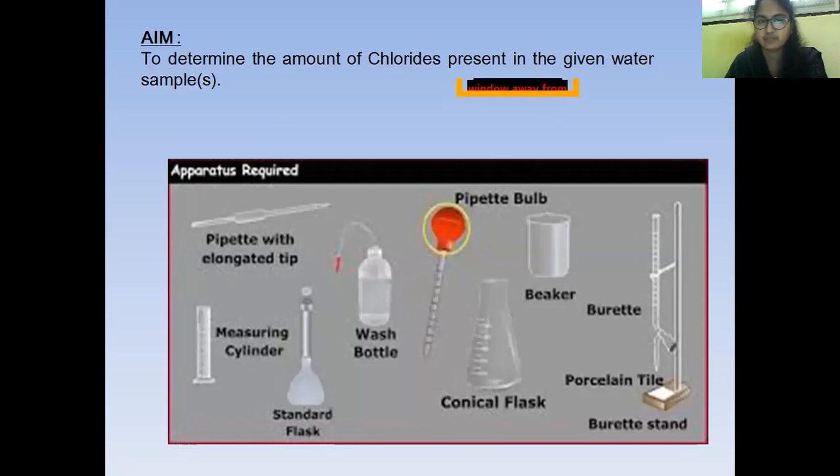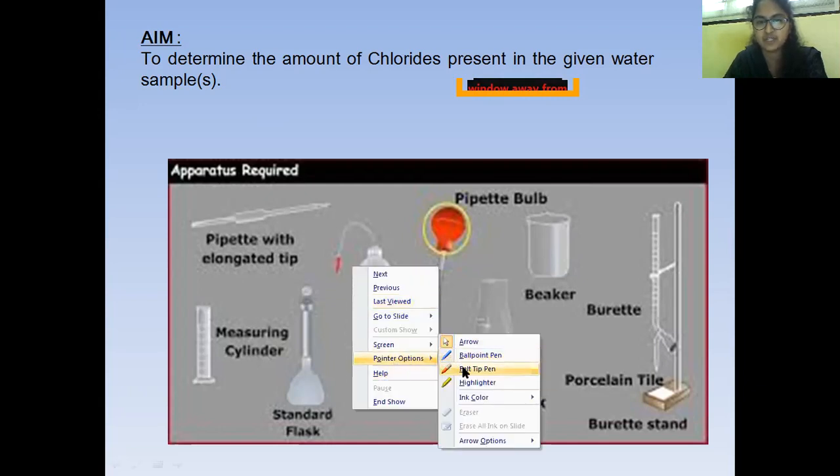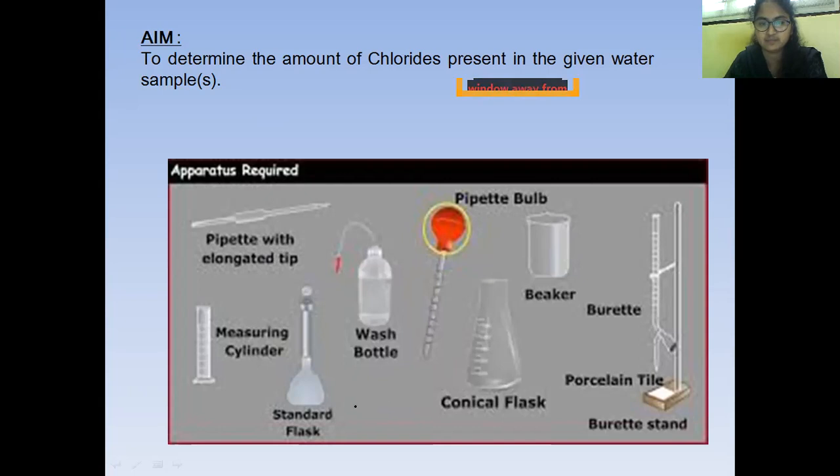Next step, what are the apparatus required for determination of chlorides? The first one is different apparatus used for determining the chlorides. First, the more important thing is burette stand with burette, beakers, and conical flask.